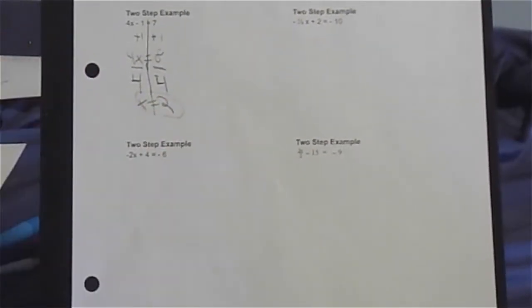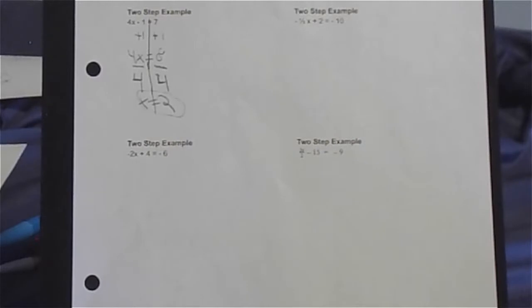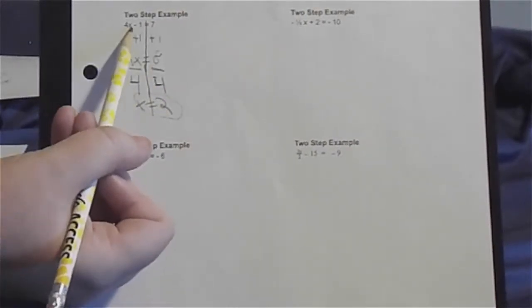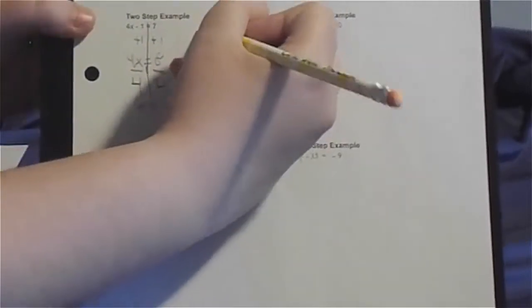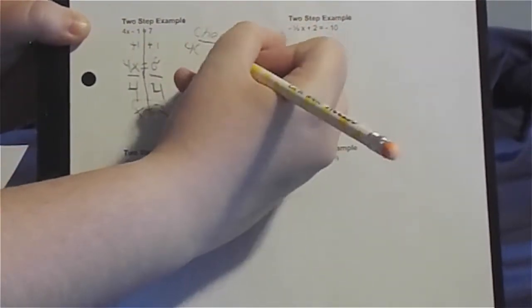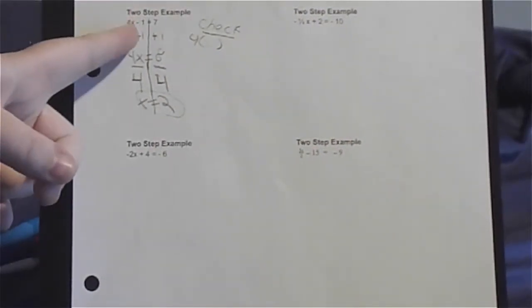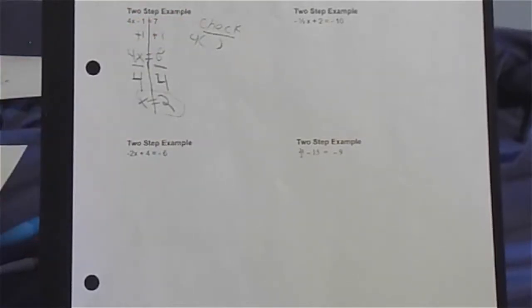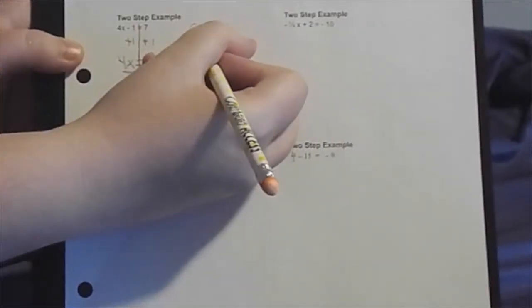If you don't trust your answer and you want to check, you can always put this 2 where x is up here. It says 4 times something. When you don't know what x is, you put x. When you do know what it is, you turn x into a parenthesis, and you put the answer to what x is in that parenthesis.